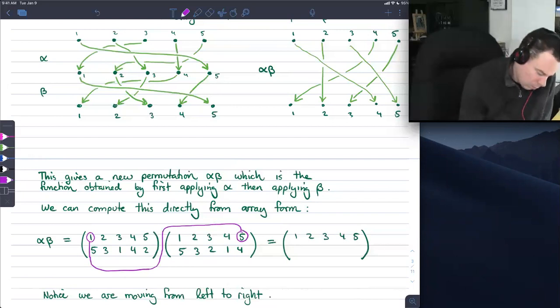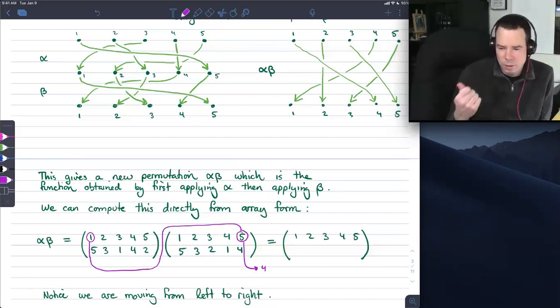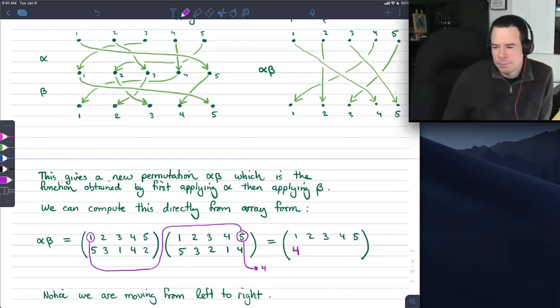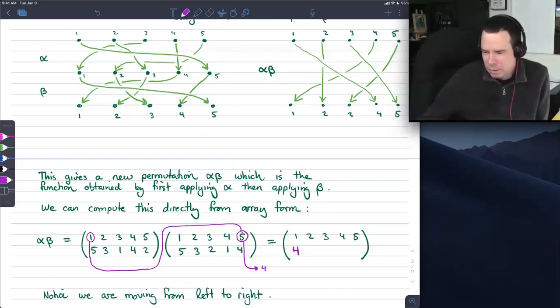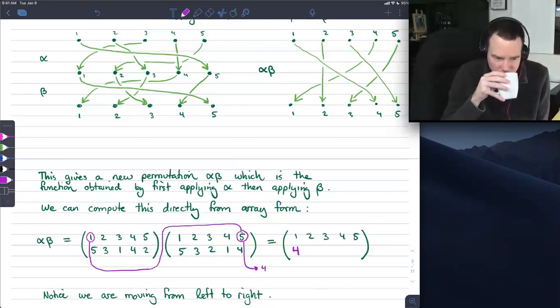And then I see what comes out of it. And what comes out of it is the number 4. So I trace this through. I say, okay, if 1 goes in, alpha goes 1 to 5, and then beta takes 5 to 4. So 1 goes to 4. And I want you to just go through the remaining 4 numbers and see what 2, 3, 4, and 5 have to go to in terms of this, tracing it out.